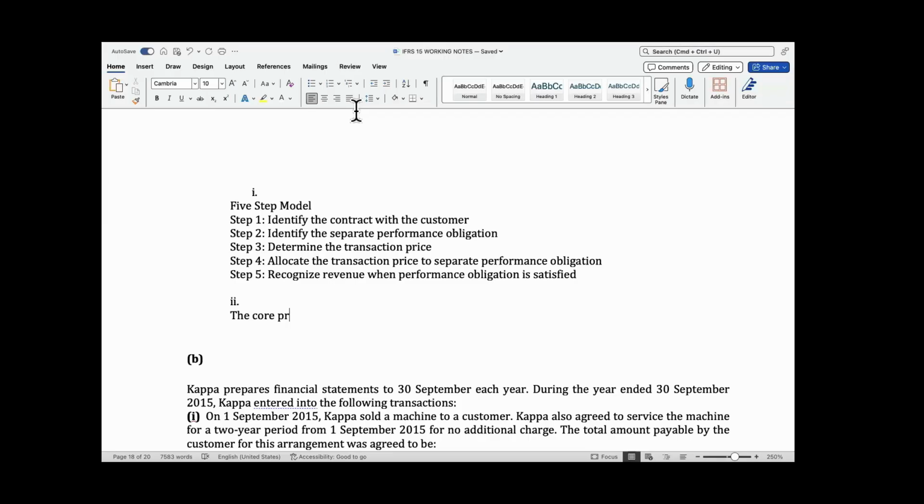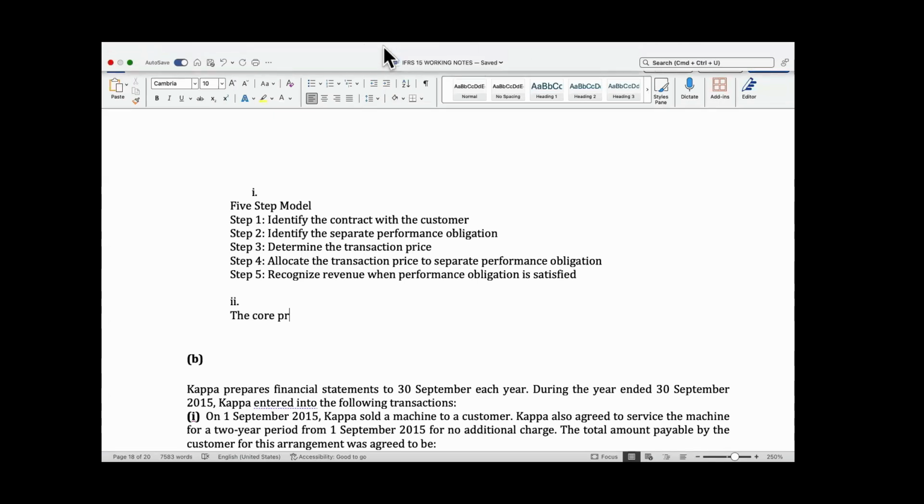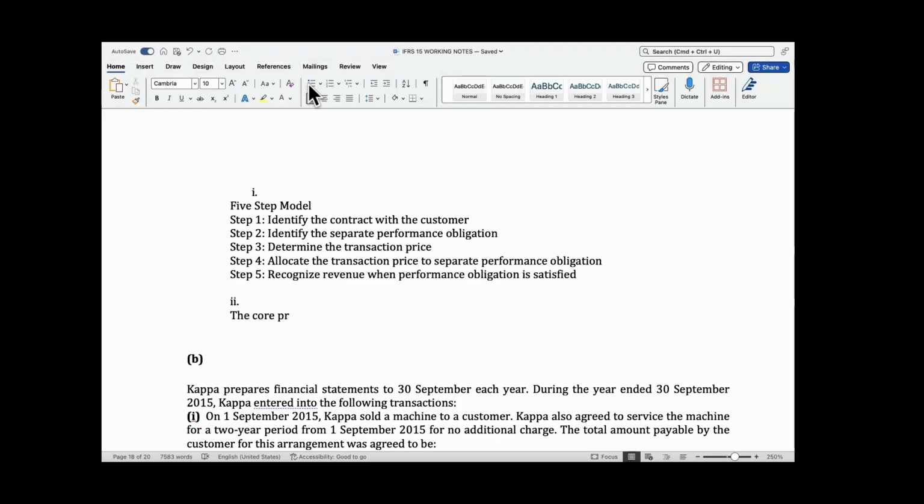If we're recognizing revenue when certain performance obligations are carried out, IFRS 15 will ensure that this revenue is matched with the cost we incur to satisfy that performance obligation, or to say we have delivered these goods or service. So this scenario helps us have a more accurate representation of an entity's financial performance.